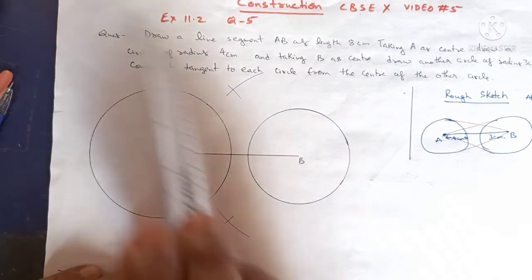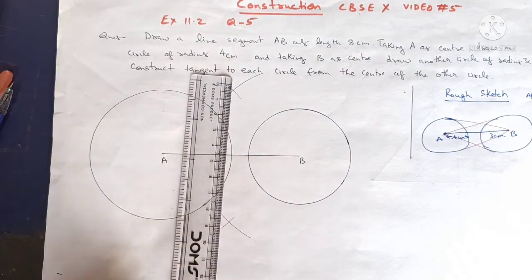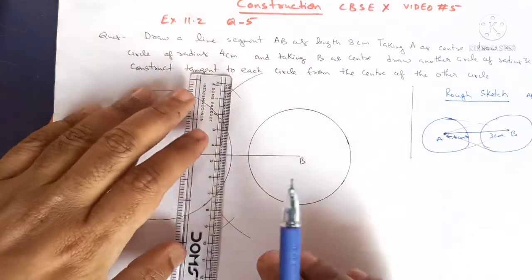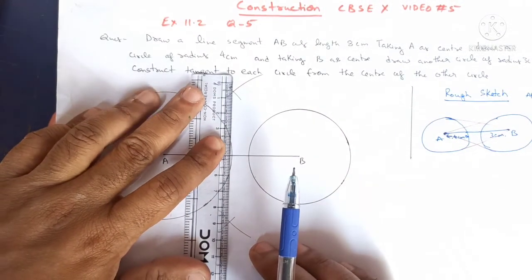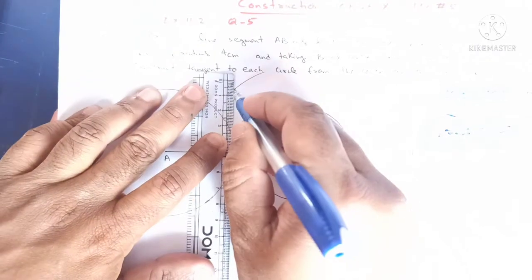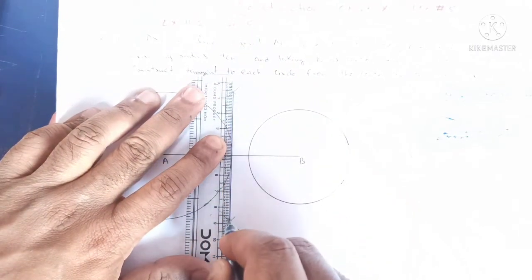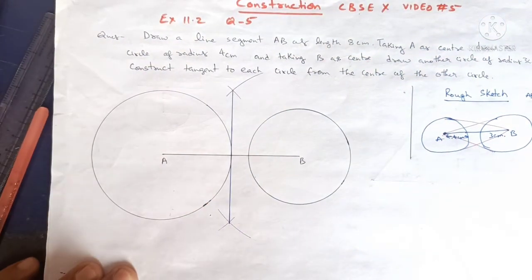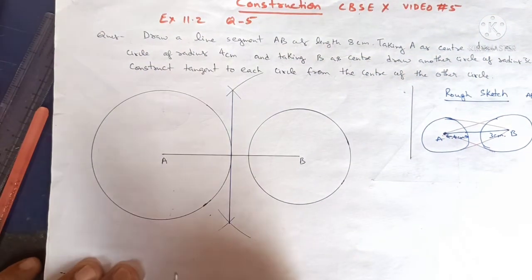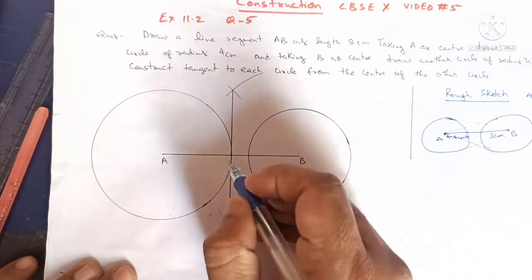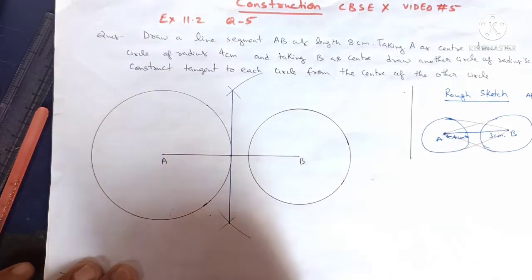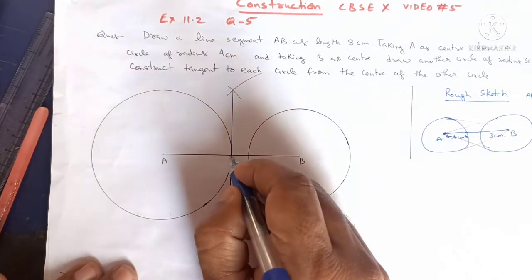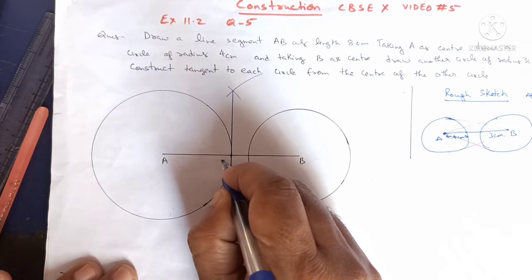Now we'll join these 2 points. This will be the perpendicular bisector of AB. I have already told you what a perpendicular bisector is in the previous videos. Now I've got the midpoint of AB. I am naming it as M.